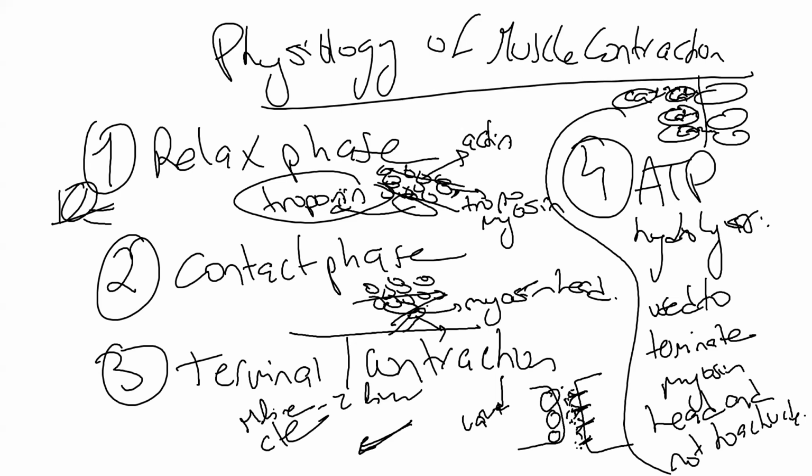Sodium voltage gated channels open, yeah, because the neuron will give the impulse. When the neuron gives the impulse, this acetylcholine will go and bind to the receptors. Receptors are the sodium voltage gated channels. So the sodium voltage gated channels will open. Myosin head detaches from binding site on actin.